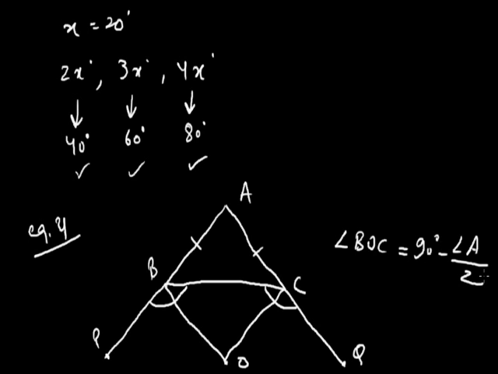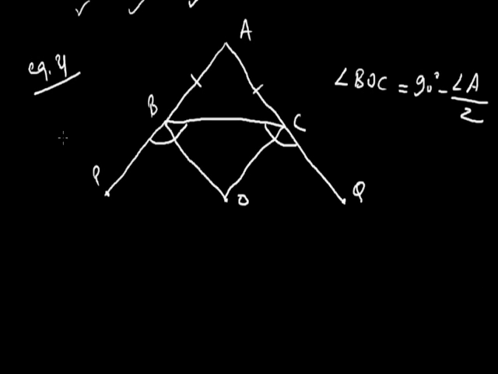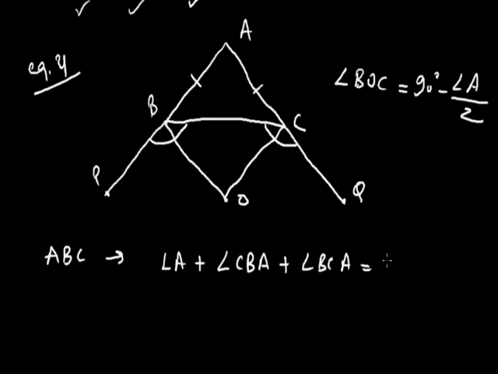Alright, now try to prove this in this diagram. For the triangle ABC, we can apply the angle sum property as angle A plus interior angle B, that means angle CBA, plus interior angle C, that means angle BCA, is equal to 180 degrees. The reason being that this is a triangle and all its interior angles satisfy the angle sum property.